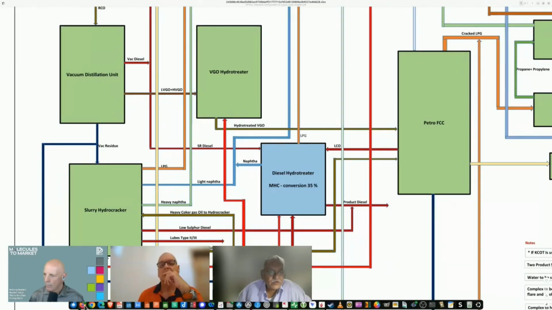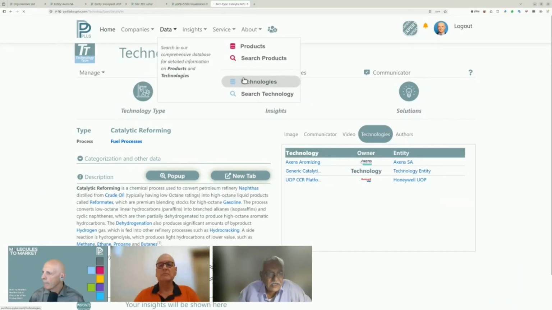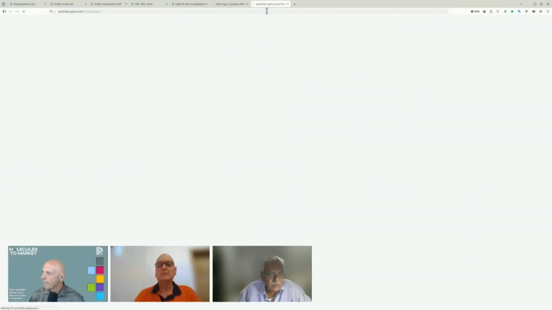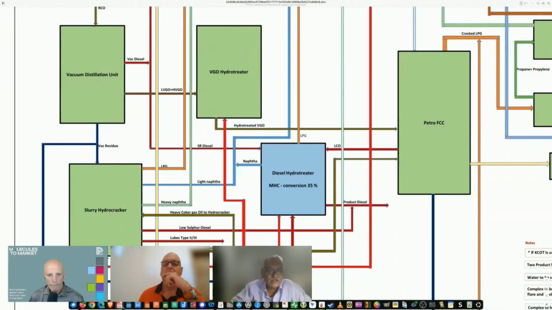So Topsoe can also give this technology. I can't restrict myself to two in a PSU segment. I have to go for multiple players to select the technology, and there may be others also, but these are the more prominent ones who supply this technology. But if I decide to go for managing licensor, I have a good chance to select between UOP and Axens. So VGO hydrotreater again can form that particular block.